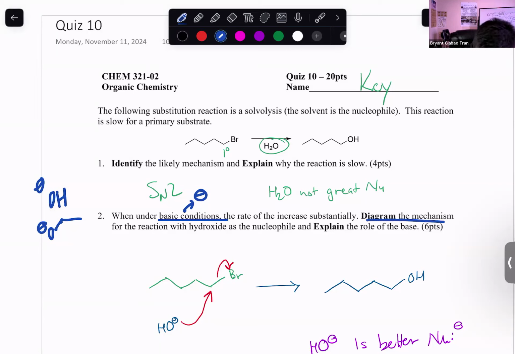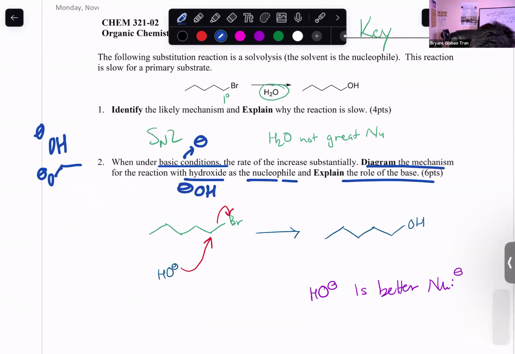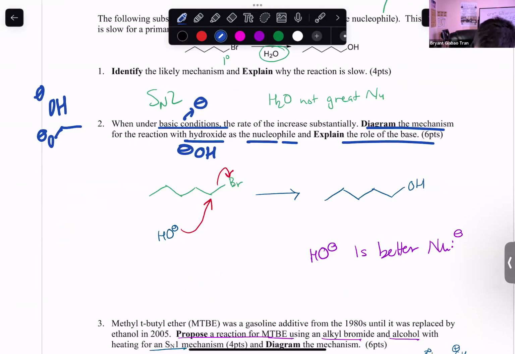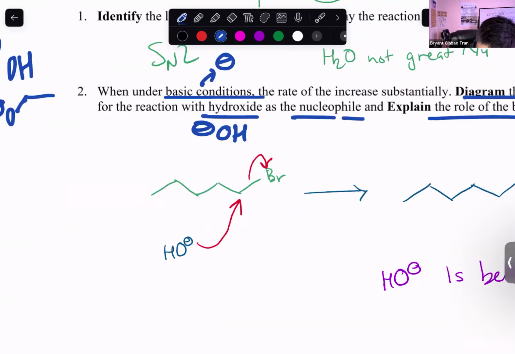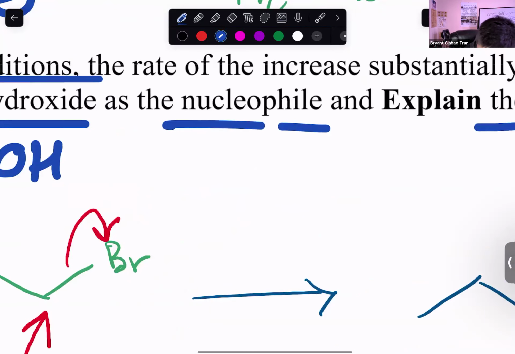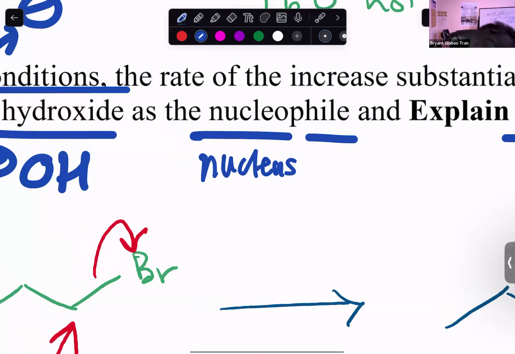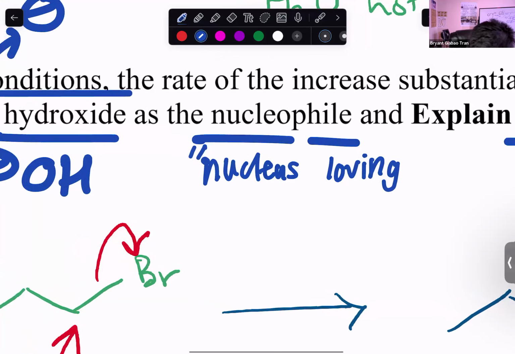Diagram the mechanism for the reaction with hydroxide, OH minus, as the nucleophile, and explain the role of the base. So a nucleophile, that term means nucleus for the nucleo part, right? Nucleo is the nucleus part, and phile is lover of. So a nucleophile is nucleus loving.